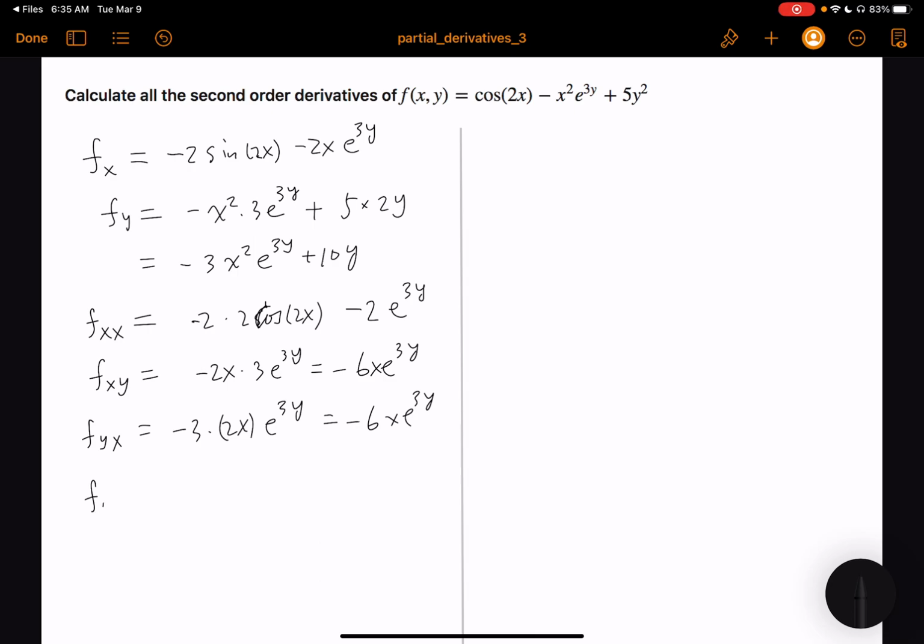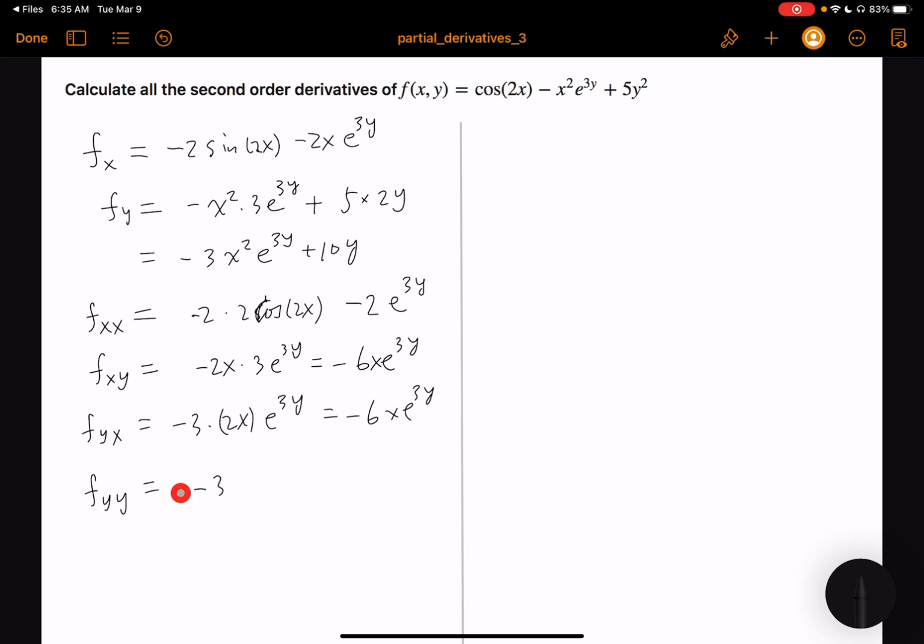Now let's look at fyy. So we're taking derivative of fy with respect to y. In the first item, because now you're treating x as a constant, this first item is equal to -3x squared times 3e to the 3y, plus the derivative of 10y, which is just 10.